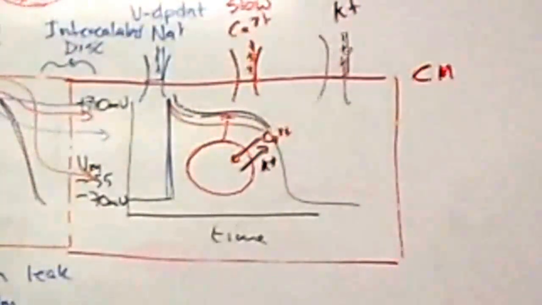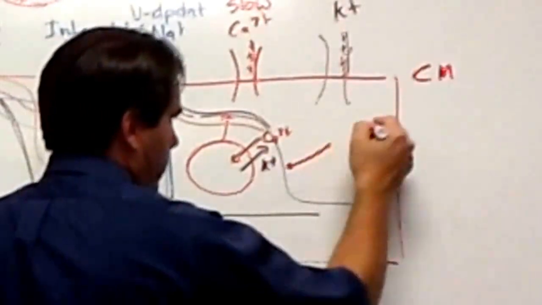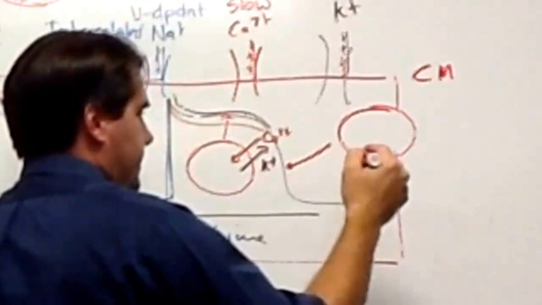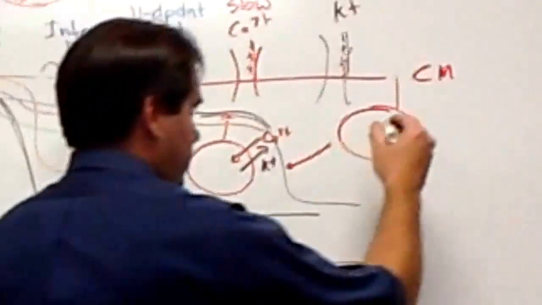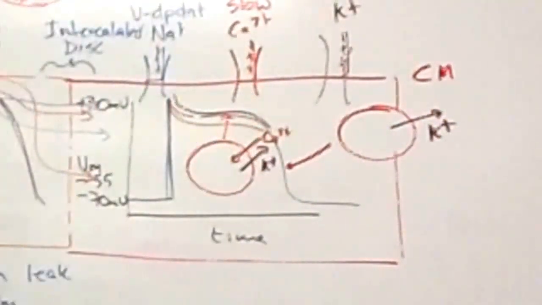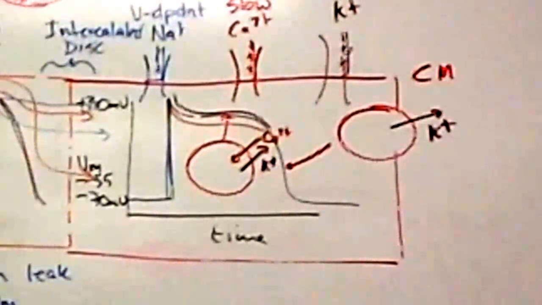Eventually the calcium channels close, so if we now draw an arrow right here, what happens now is the calcium channel closes, but the potassium channel remains open for a little bit longer than the calcium channel. So now potassium leaves and returns our voltage back down to rest.